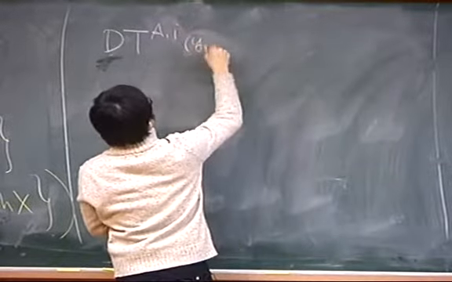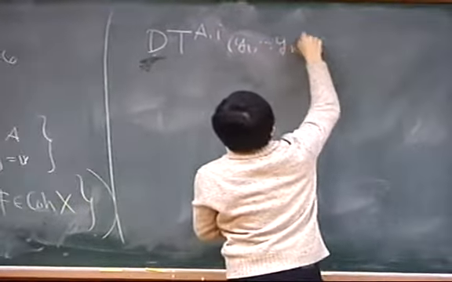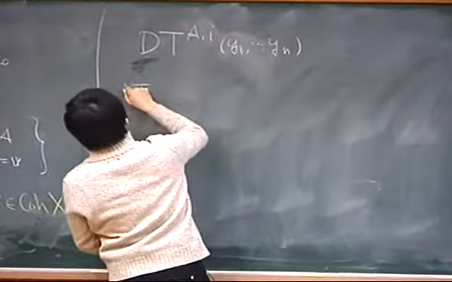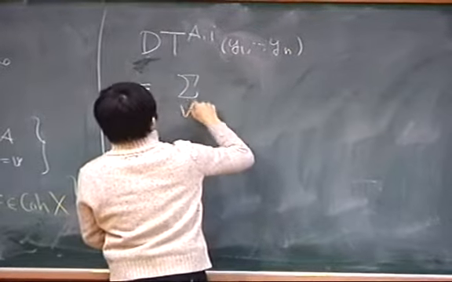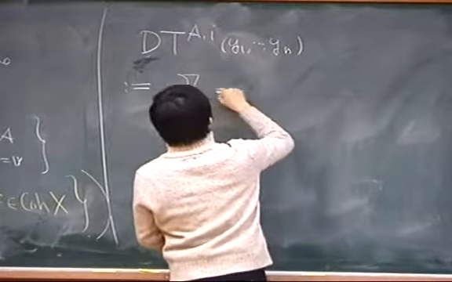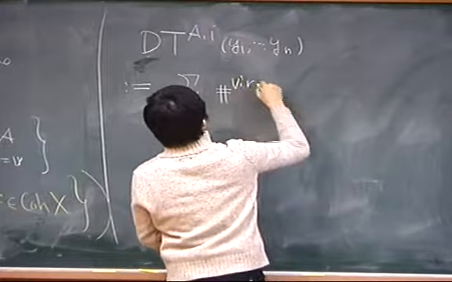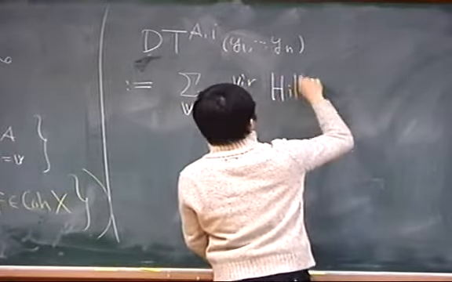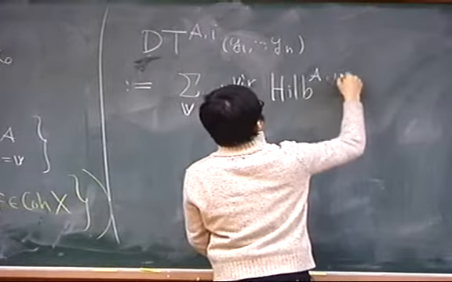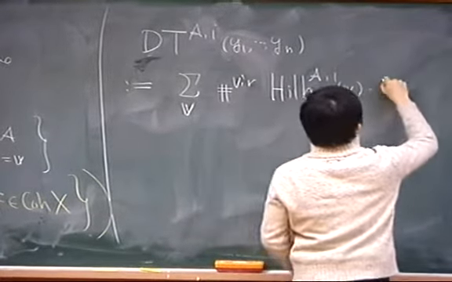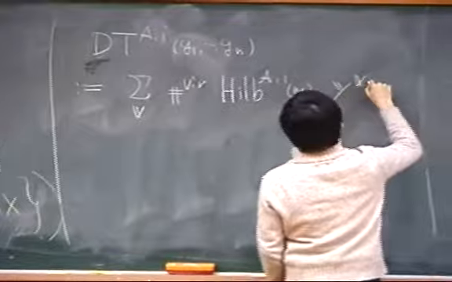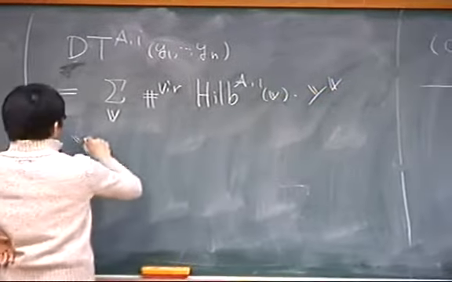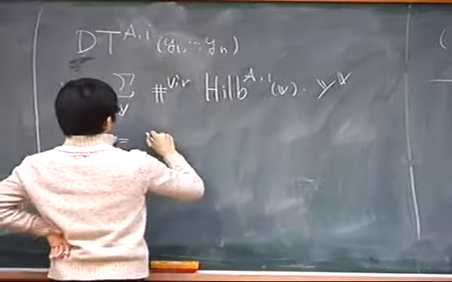Actually, we define the generating function of Donaldson-Thomas invariant as follows. Virtual counting of the Hilbert scheme, where this is a monomial.